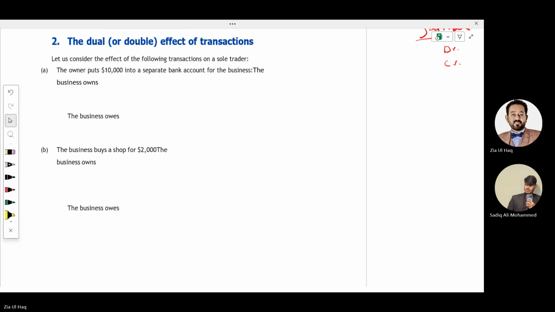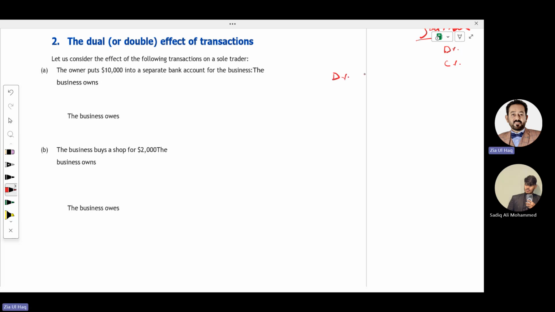Going out? Is the business paying cash or receiving cash? The business is receiving cash, so cash is coming in. Cash is an asset and it is increasing.